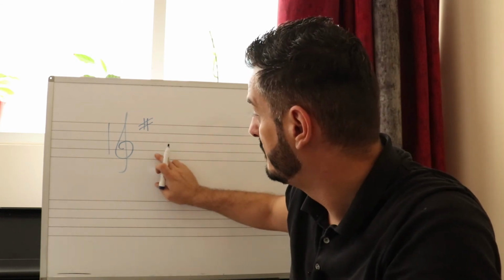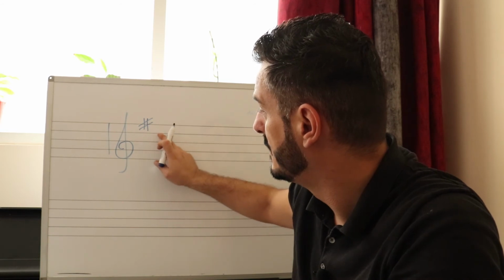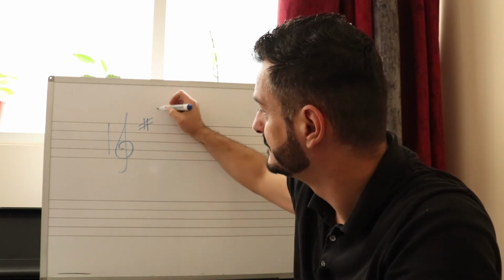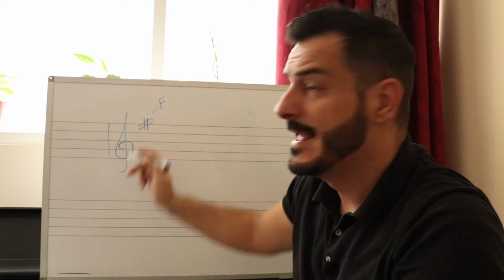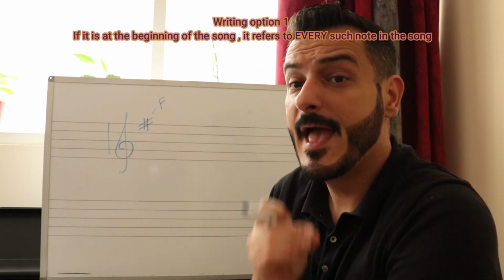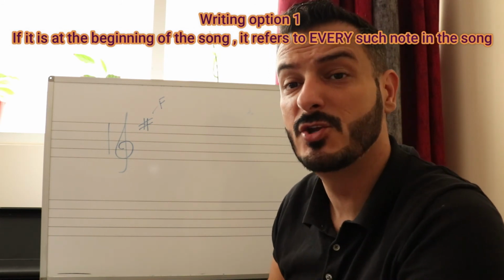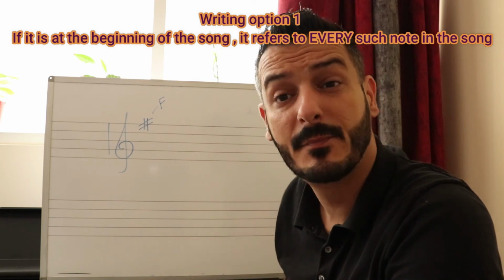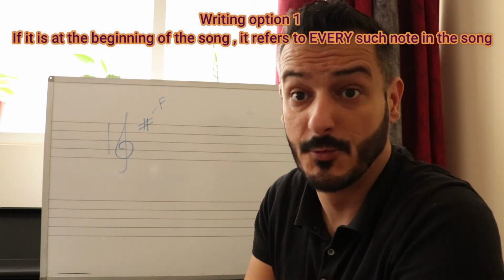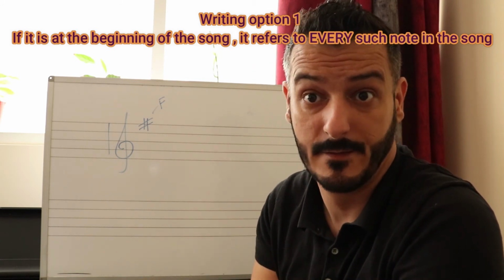Do, re, mi, fa, sol, la, ti, do, re, mi, fa. This means that every fa or F in this song is going to be played sharp instead of normal, regular, natural fa.